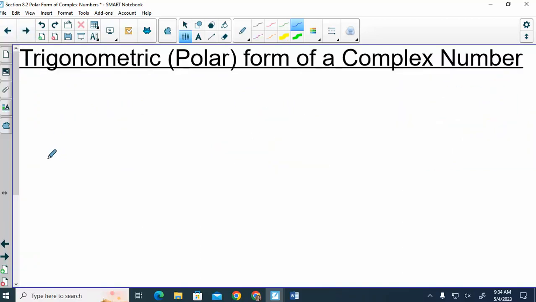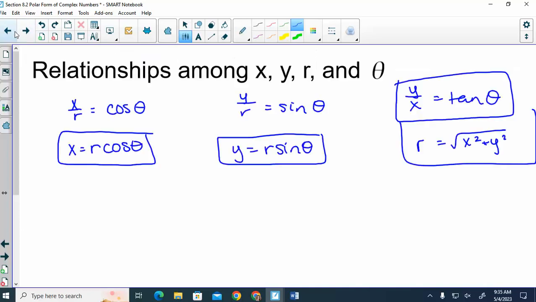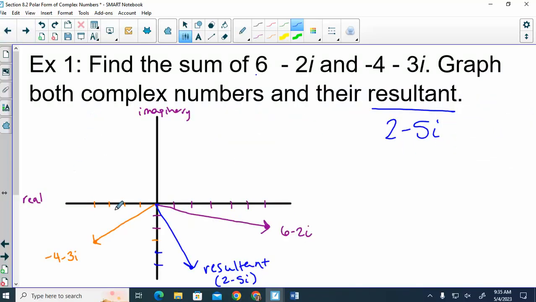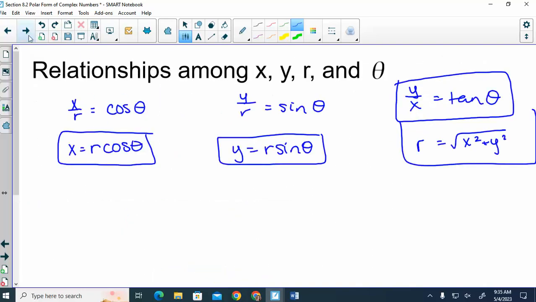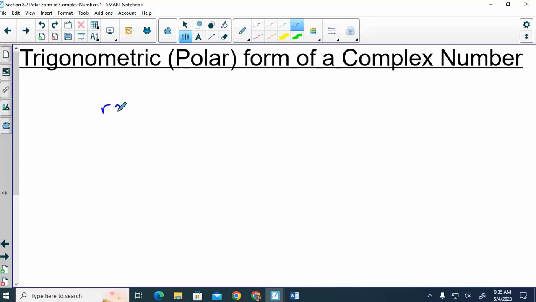So let's talk about the actual definition of the polar form. If you think about our graphs, the x was the real part, and the y was the imaginary. So if I need to relate it to this, the x is like your r cosine of theta, plus the imaginary, which when we graphed it was the y part.